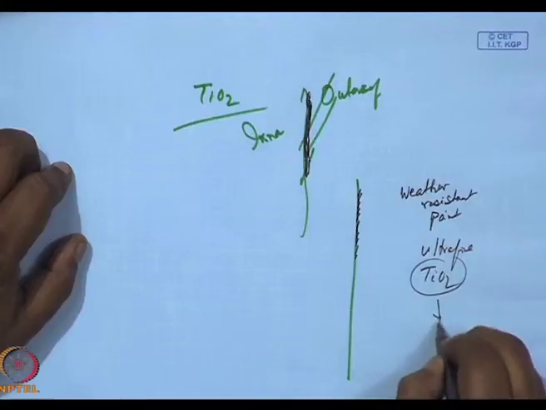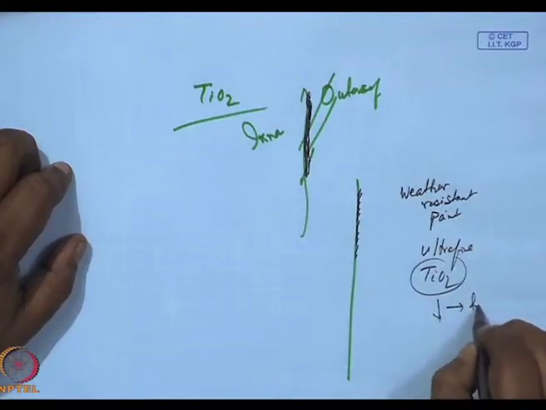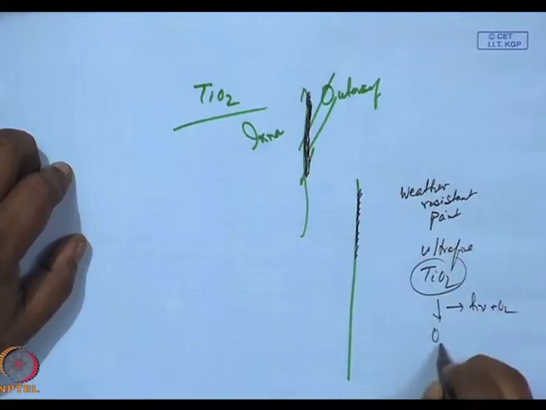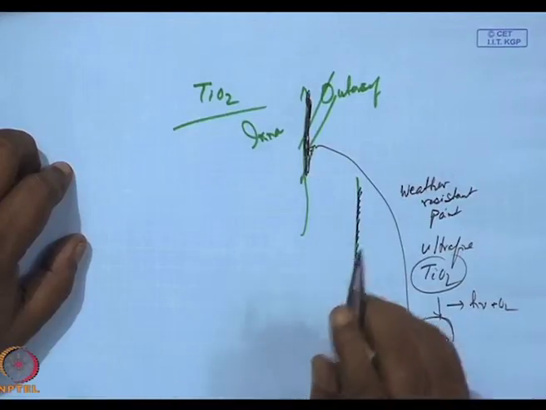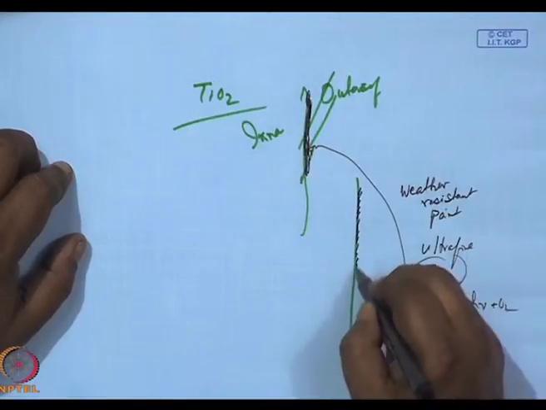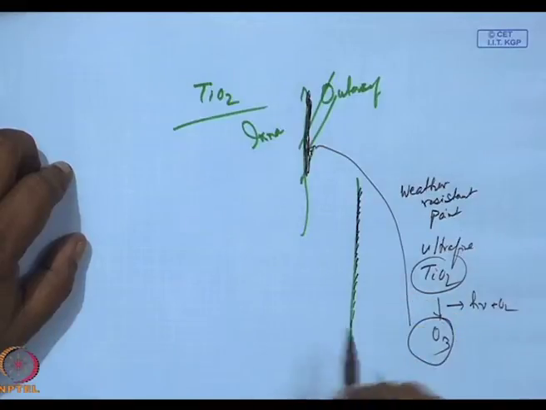This titanium dioxide reacts with sunlight and oxygen, giving you ozone. This ozone reacts with all these organics. It literally burns away the organics, leaving the surface absolutely clean.